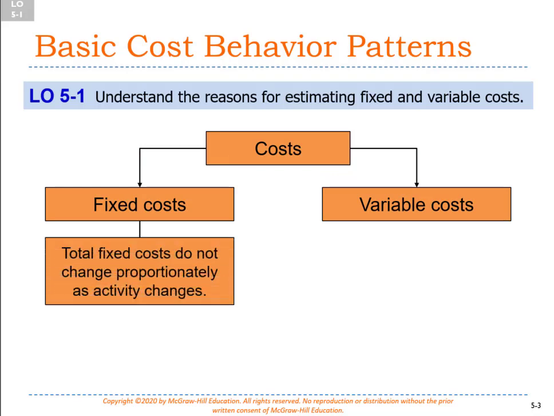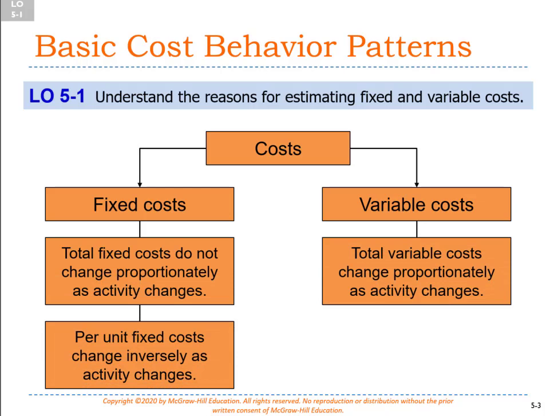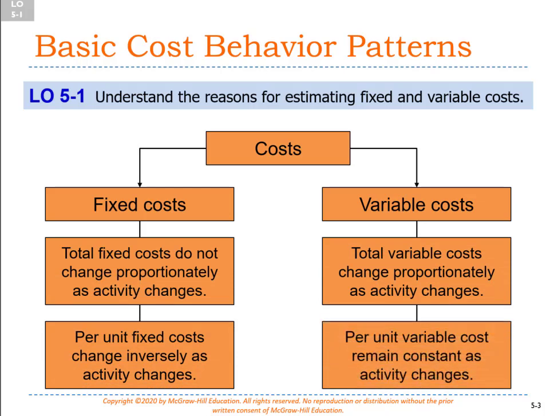So we talked about this concept of the difference between fixed and variable costs, right? Back in chapter 2. So fixed costs are those that don't change with volume. Variable costs are those that do with volume. All right.